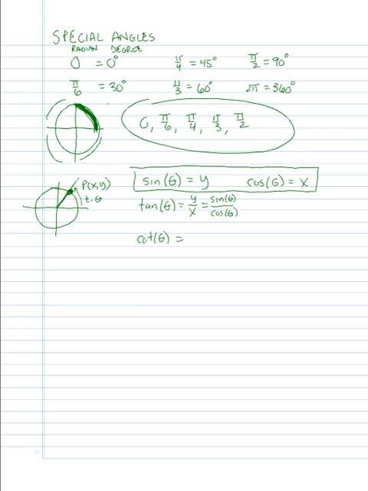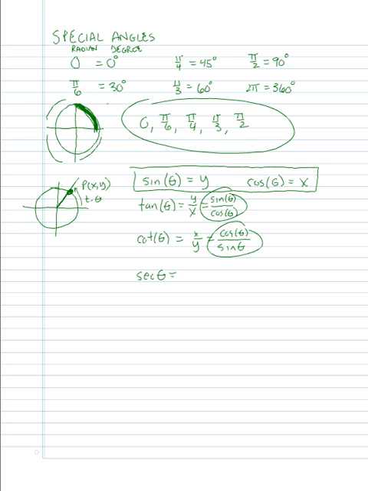Well, we were told that the cotangent of theta is the first coordinate of that point divided by the second. Well, the first coordinate is also cosine of theta, and the second coordinate is the sine of theta. So if we know those two, we can calculate the cotangent of theta by remembering that, and the tangent of theta by remembering that.